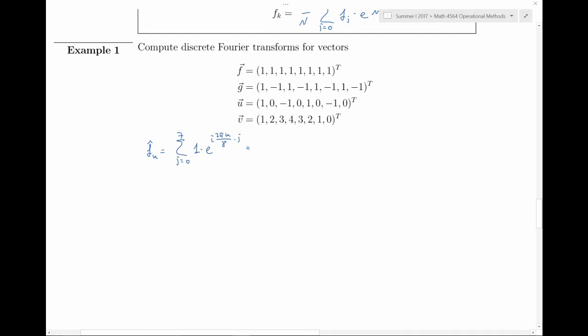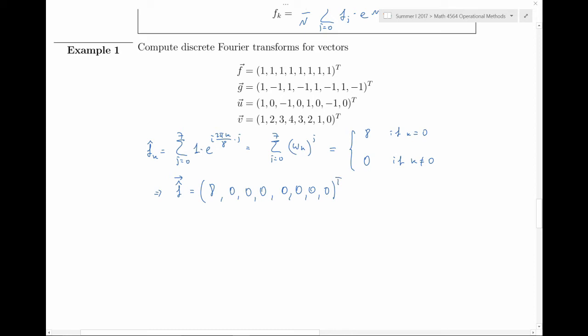So I can write it as a summation, j goes from 0 to 7, of simply w_k raised to the power j. We already know the formula for it. It's going to be exactly 8 if k equals 0, or 0 if k is not 0. So the vector of the Fourier transform is just 8, 0, 0, 0, 0, 0, 0, 0 transposed.